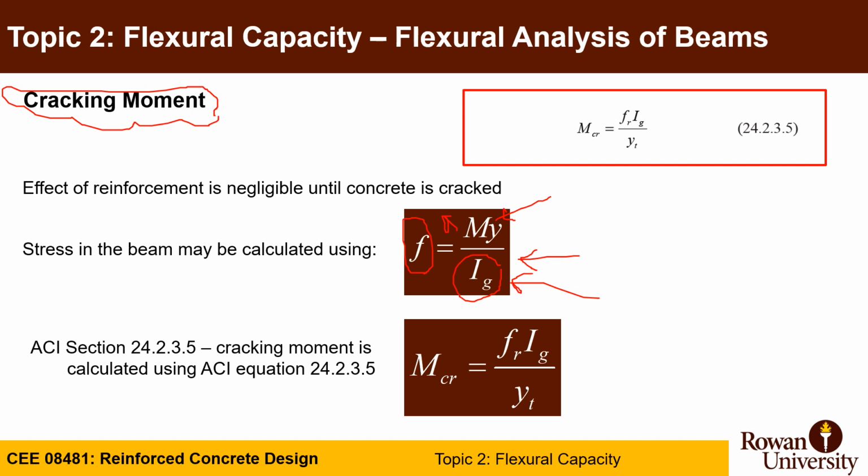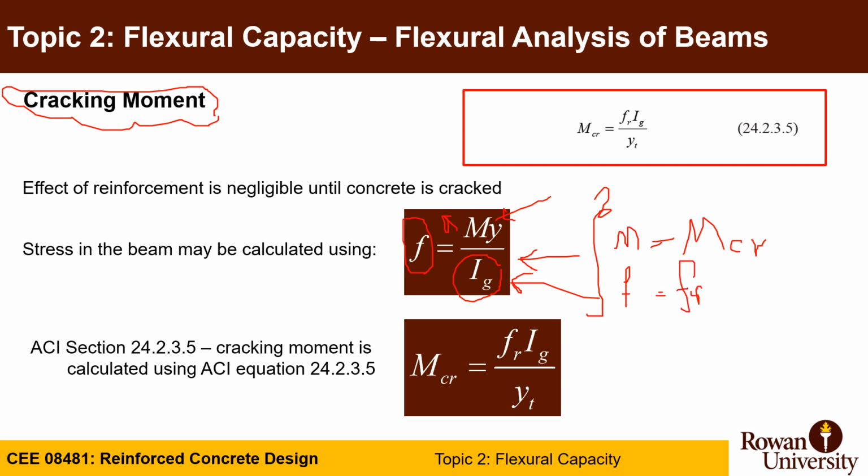So this applies only if the concrete is not cracked. At onset of cracking, you can use M and make it equal to M crack, but you need to know that this happens only when f stresses equal fr, modulus of rupture.